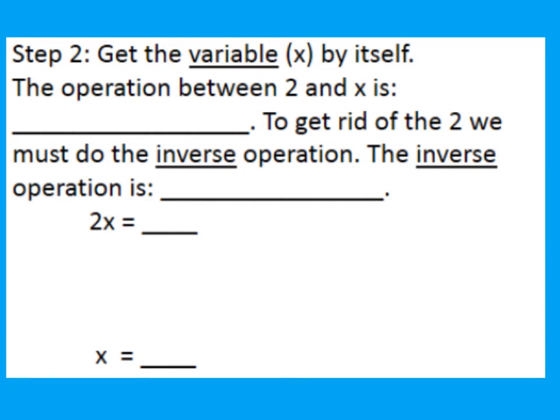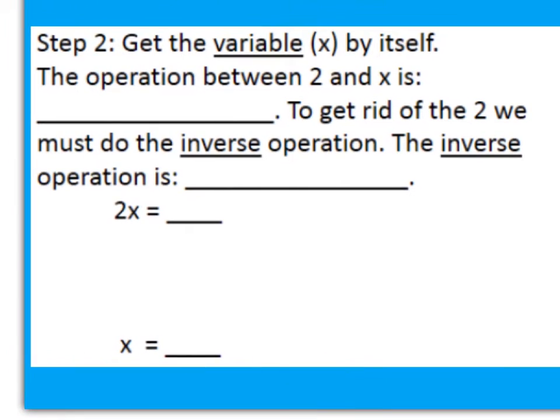Now let's look at step 2. Step 2 says to get the variable x by itself, the operation between 2 and x is multiplication. So we must do the inverse operation.